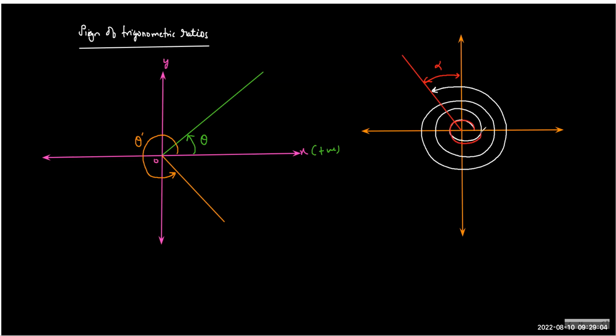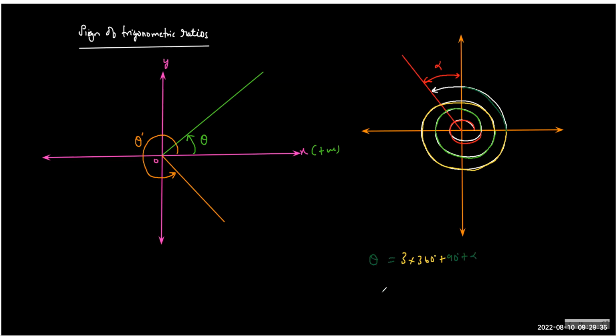I'll just change the color to understand. 1, 2 and 3. So we have 3 complete rotations. So 3 into 360 plus. Then we travel by how much? 90 plus alpha. Correct. Very good.